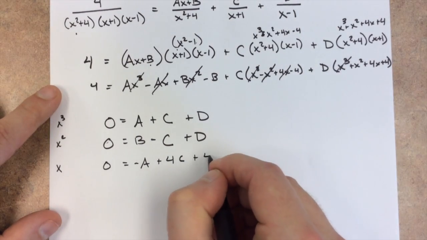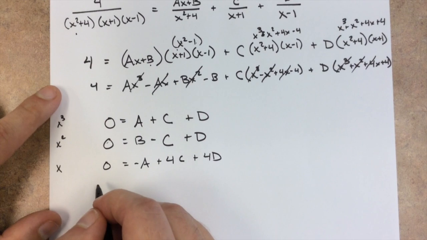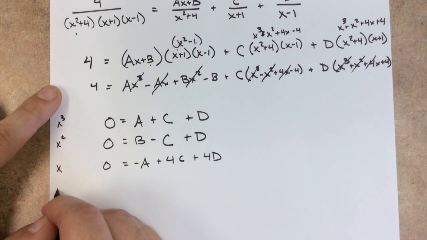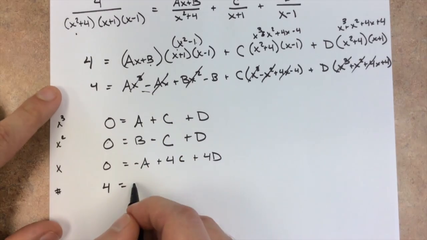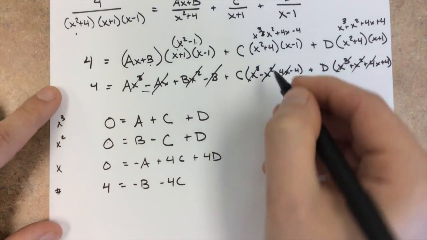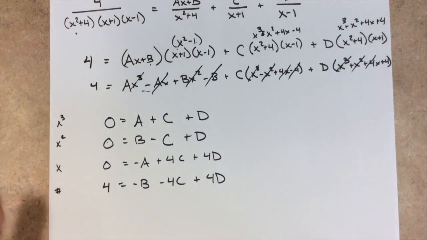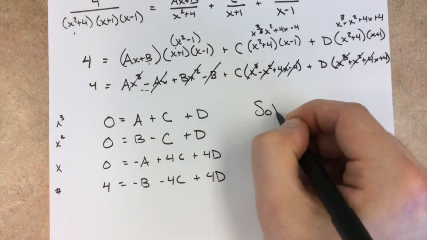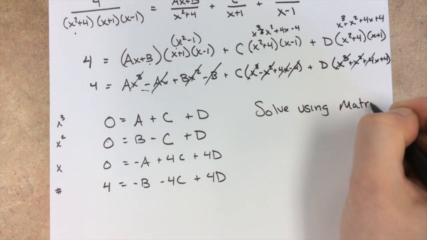Plus 4d. Last is just my number. So I have 4 equals negative b minus 4c plus 4d.